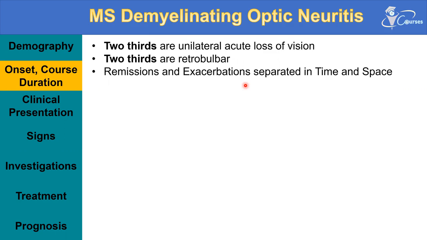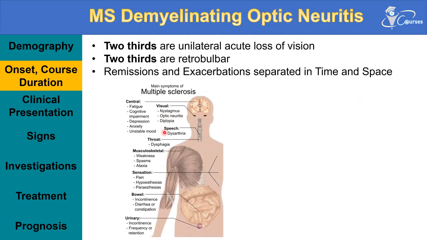It means that the attacks or the exacerbations of the multiple sclerosis are characterized by symptoms that reflect CNS involvement, like visual symptoms, like there is affection of the throat causing dysarthria, dysphagia, muscle weakness, spasms, ataxia, some involvement of the sensory system causing pain, hypesthesia, paresthesia, involvement of the bowel system causing diarrhea, constipation, or incontinence, or frequency or retention of the urine.